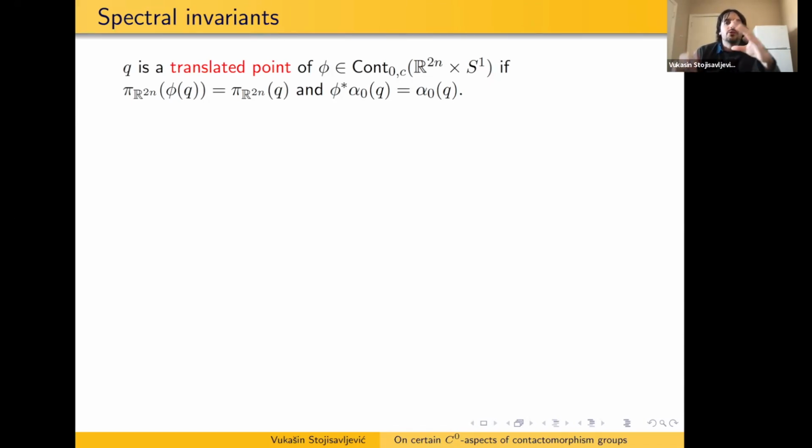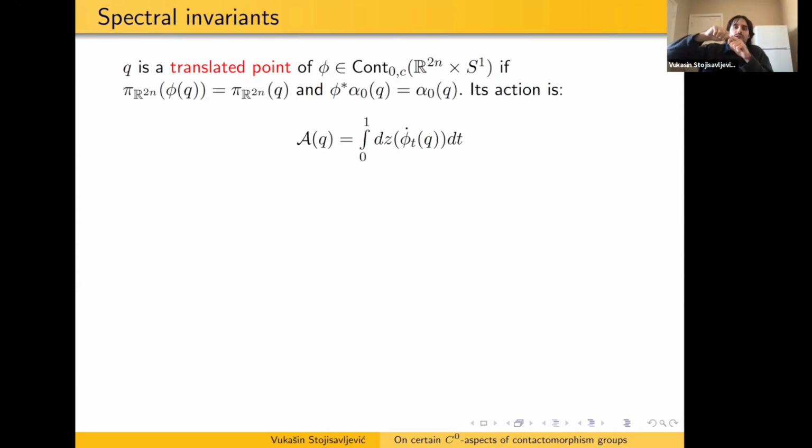The real notion would be something which maps Q by phi to an orbit of the Reeb flow. So somehow Q and phi of Q are on the same trajectory of the Reeb flow. But since here this is just rotating in S1, they're on the same S1 circle. And we can define the action of such a translated point by simply seeing how much angle it rotates.